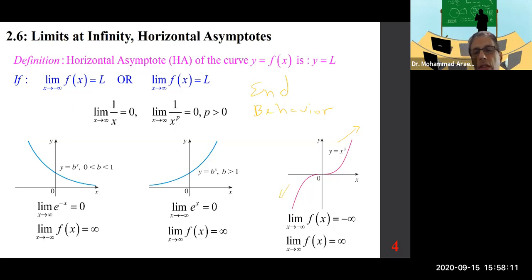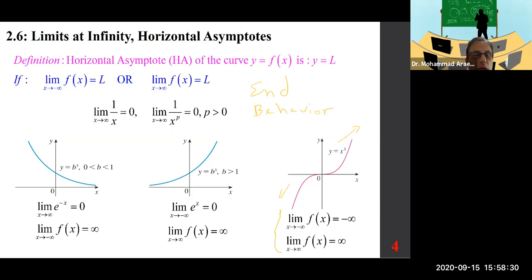So when you look at this one, the limit of f of x as x approaches negative infinity is negative infinity. The limit of f of x as x approaches infinity is infinity. This is something we are familiar with as far as the function y or f of x equals x cubed is concerned.